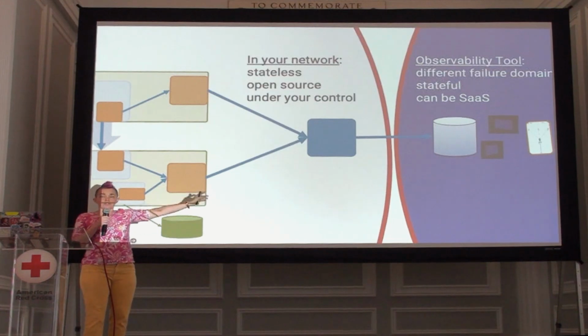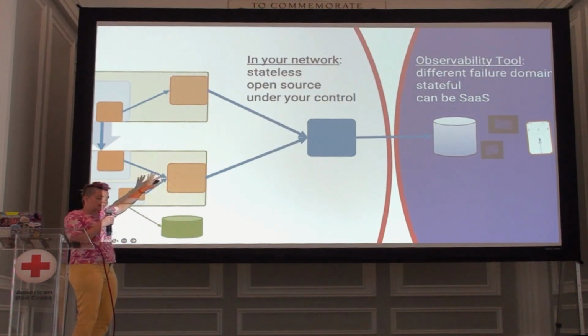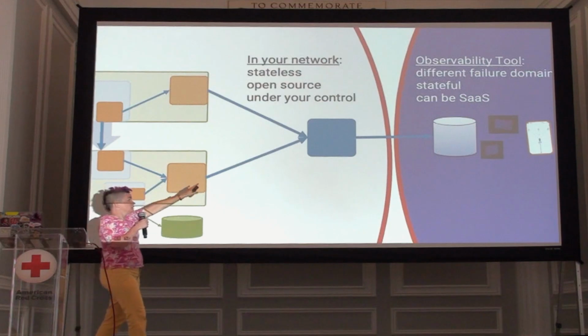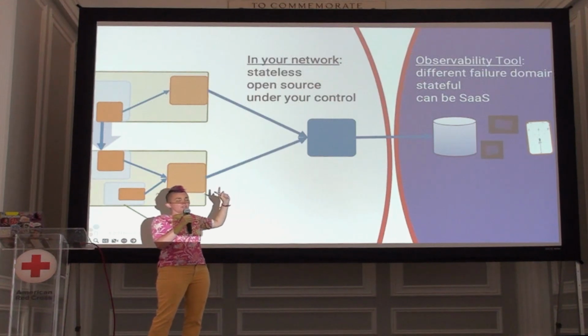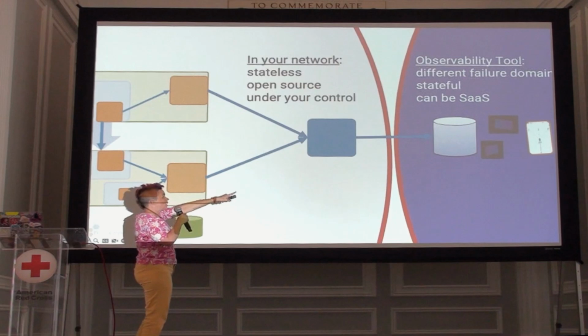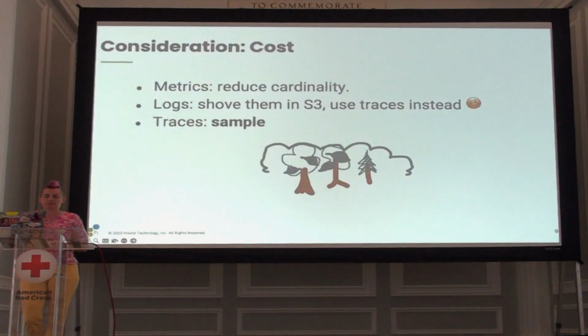That can be software as a service, because you need it separately anyway, and because it doesn't have to run in your network, and it doesn't have to be in your code. Oh, and it's stateful, so it's way the heck harder. I can't keep Prometheus up because it runs out of memory, because I haven't given it a persistent volume, because I don't actually care. Yeah, the stateful stuff is way harder to run than collectors and the services you already do. So another reason to keep it separate.